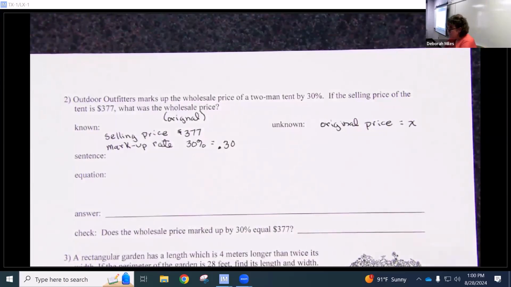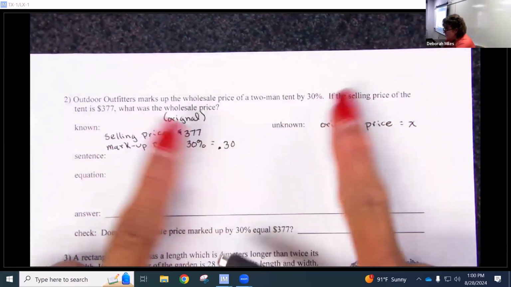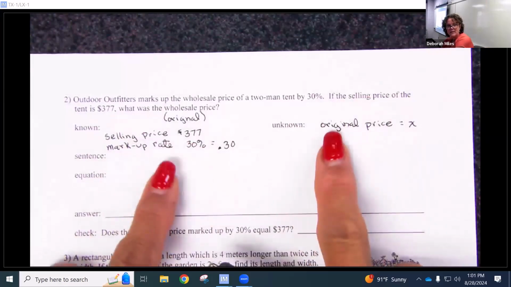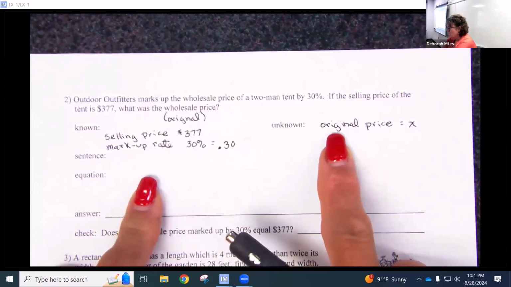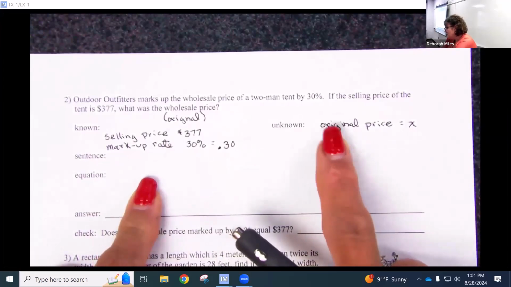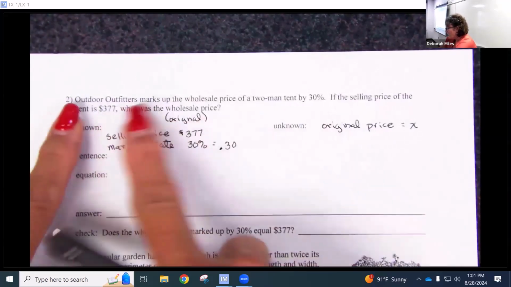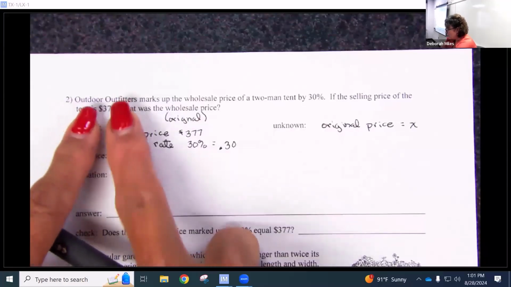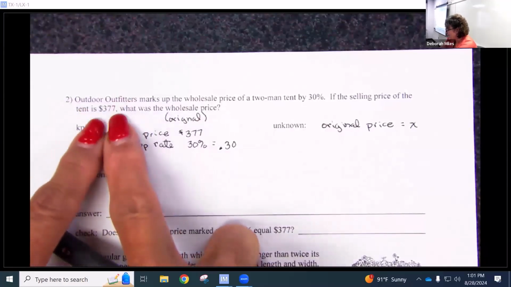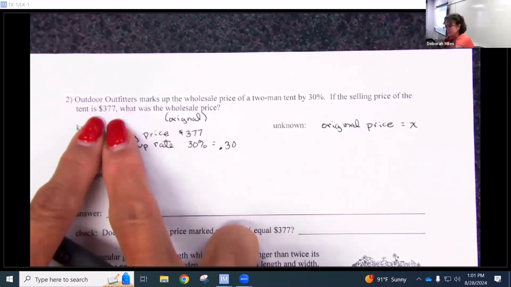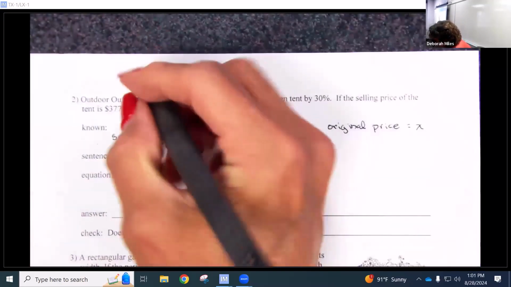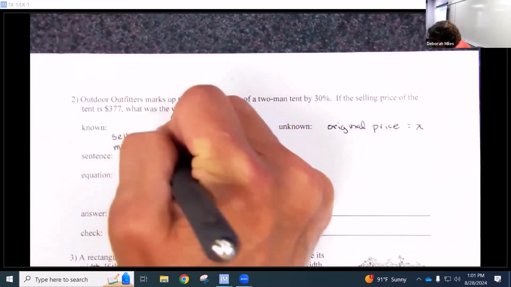Now, I need to make a sentence using these words. I need to think about, let's say I was Outdoor Outfitters and I was trying to figure out how to get that $377 that this sells for. I know when something's being marked up, you start with the original price.